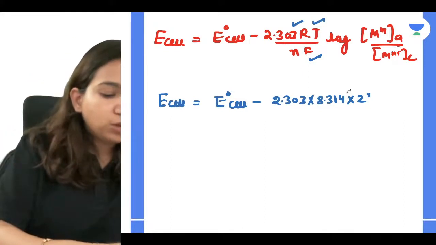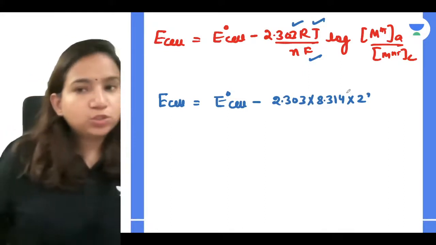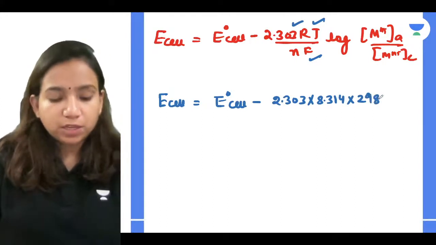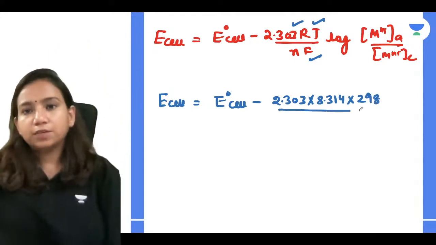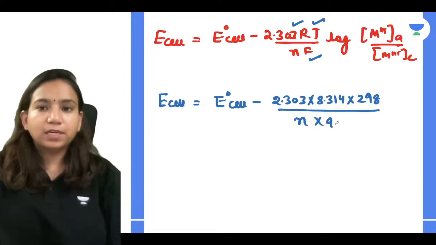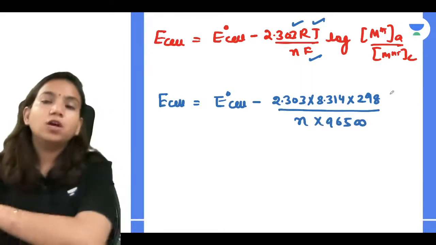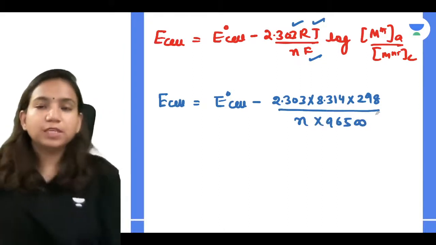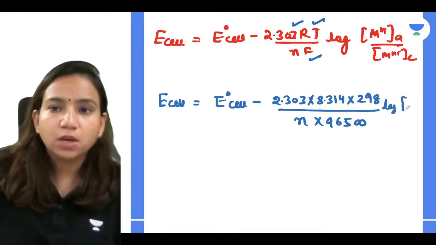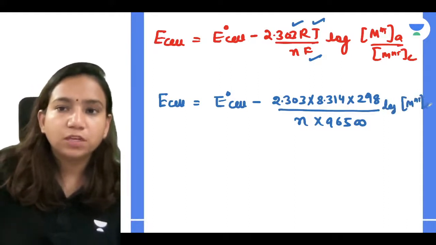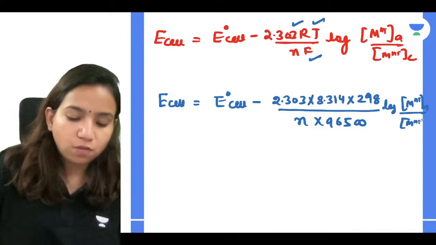The temperature is going to be a fixed value, which is 298 Kelvin, because we will be considering 25 degrees Celsius, divided by N into Faraday 96500 Coulomb. So you can solve this value, log concentration of anode divided by concentration of cathode.